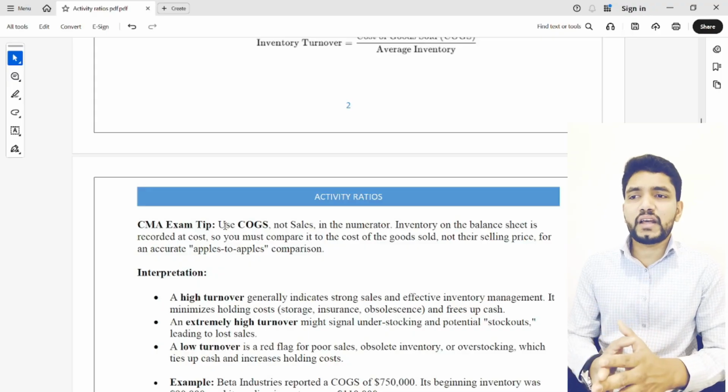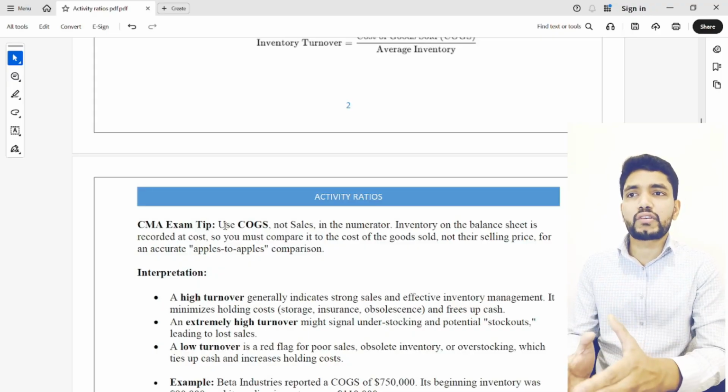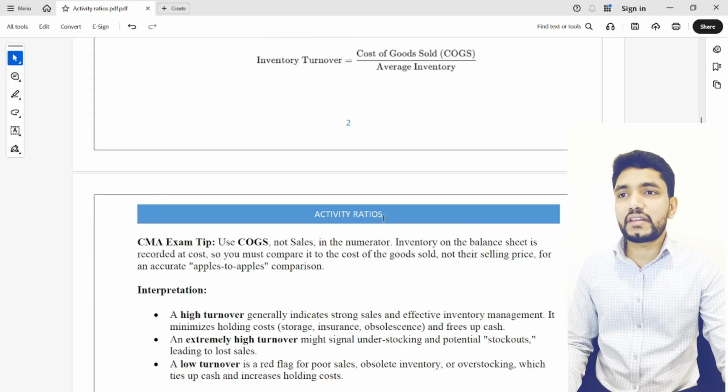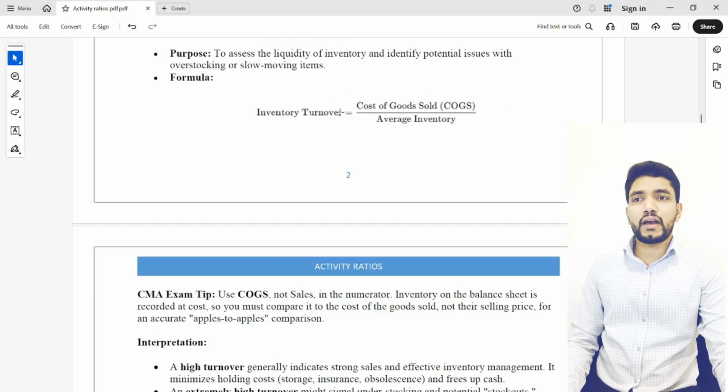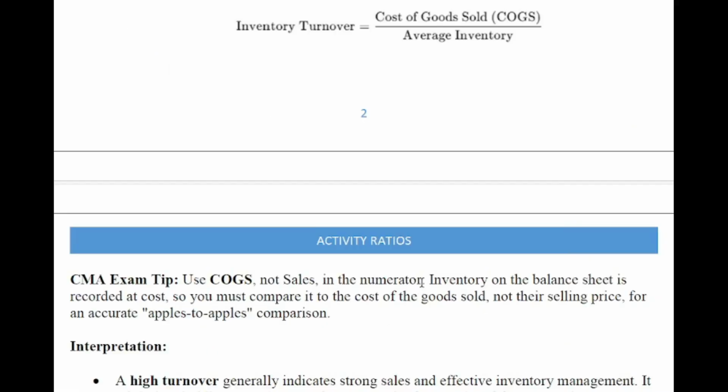Inventory is stated at cost, so we cannot use sales. Inventory on the balance sheet is recorded at cost, so you must compare it to cost of goods sold, not the selling price, for an accurate apples-to-apples comparison.